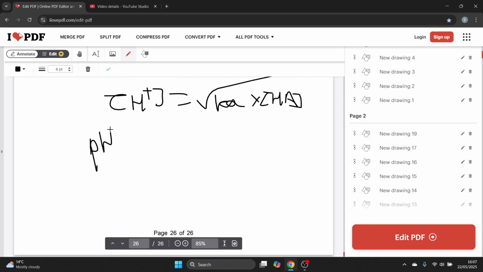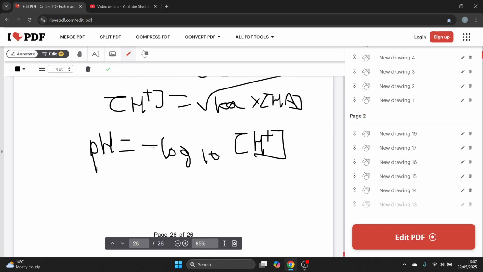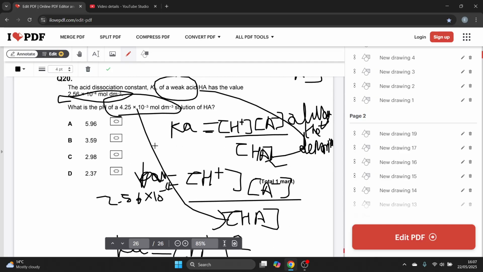And then I substitute my answer into pH equals minus log 10 of the concentration H plus. Whew, okay, so square root of 4.25 divided by 10 to the power minus 3 times 2.56 divided by 10 to the power minus 4, and then minus log 10 of my answer: 2.98.